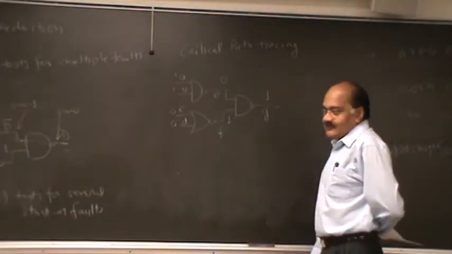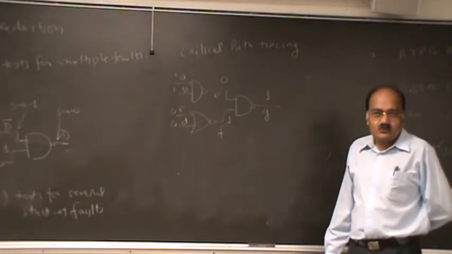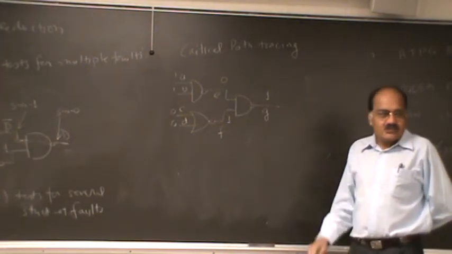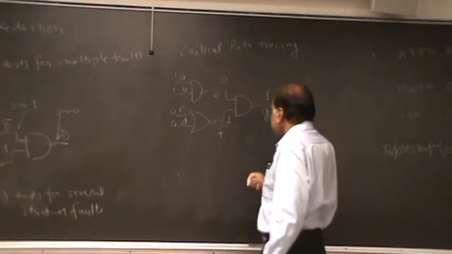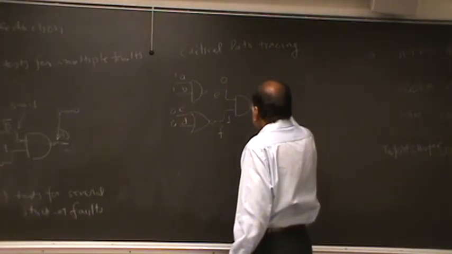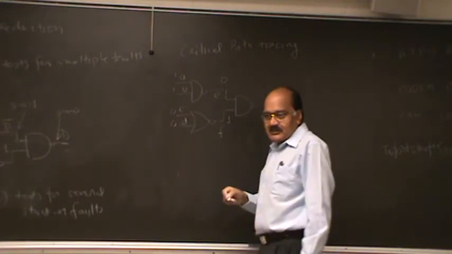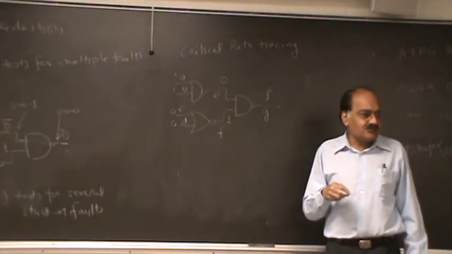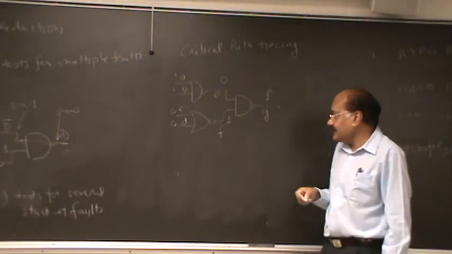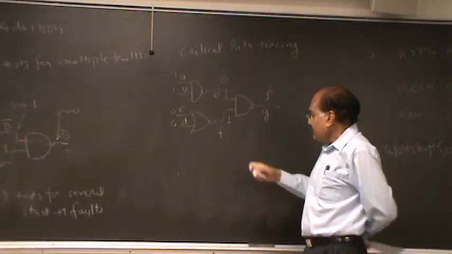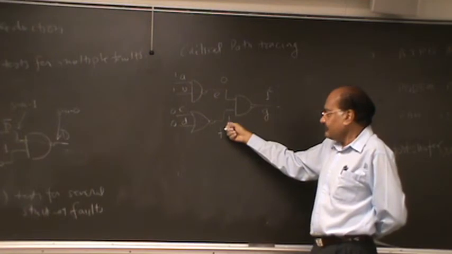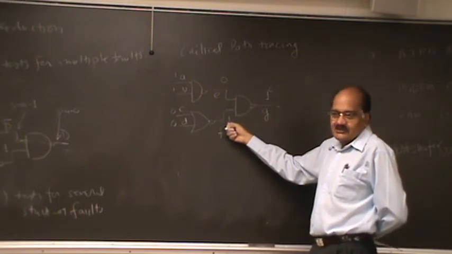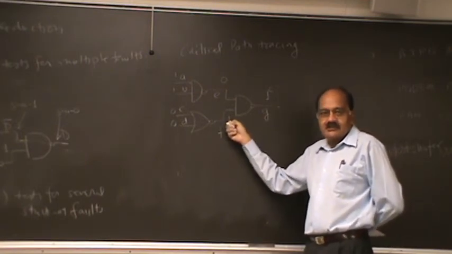And let us identify all the values which are critical. So if the critical value changes, the output will change. If this one changes, then output will change, right? So we can say this is a critical value. Consider this one here. If this one gets changed, will it cause a difference?